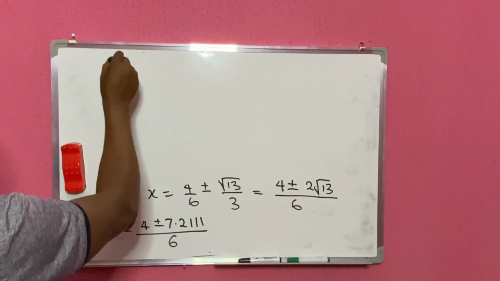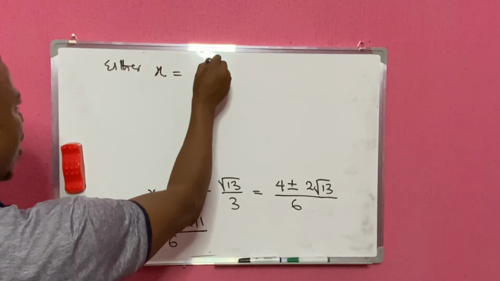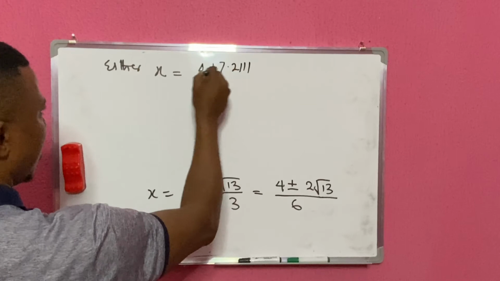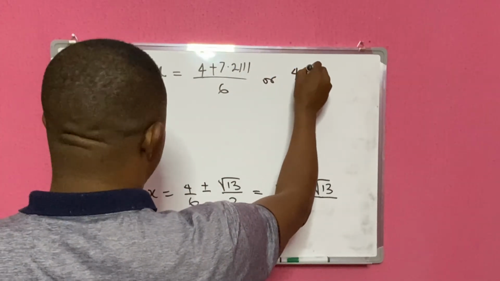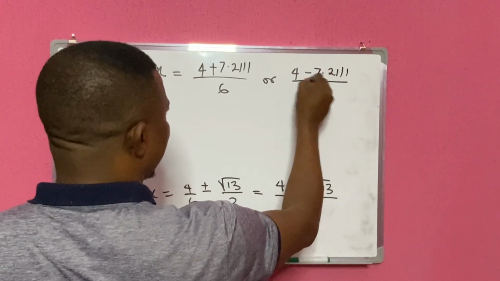Either our x is equal to 4 plus 7.2111 over 6 or 4 minus 7.2111 over 6.